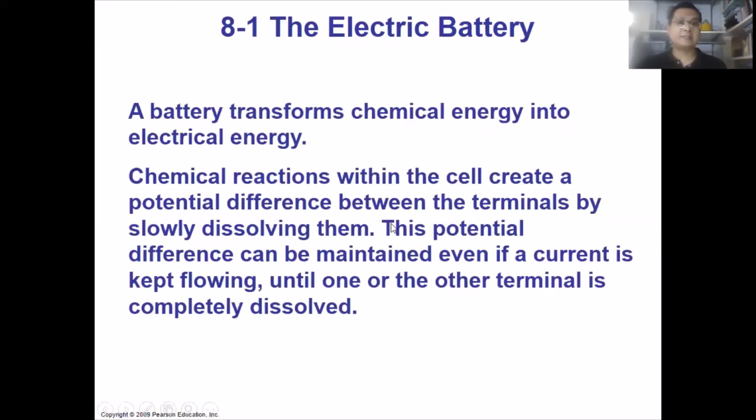Okay, a battery transforms chemical energy into electrical energy. The chemical reaction within the cell creates a potential difference between the terminals by slowly dissolving them. This potential difference can be maintained even if a current is kept flowing until one of the terminals is completely dissolved. This dissolving is by chemical reaction.